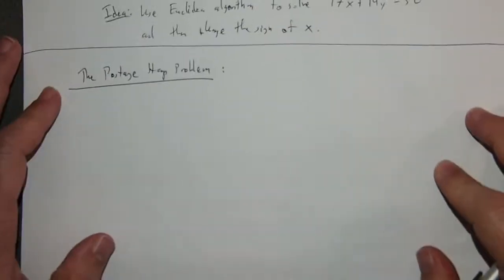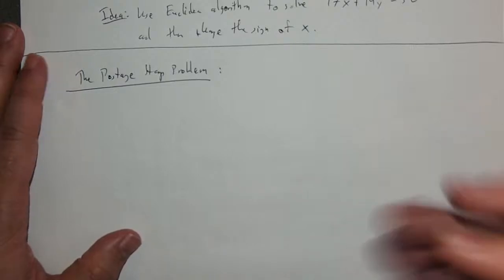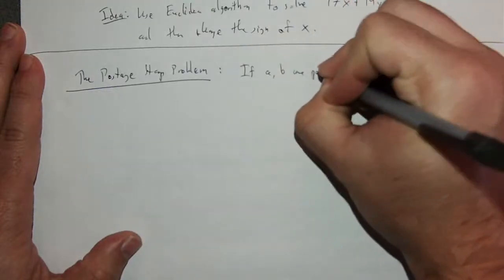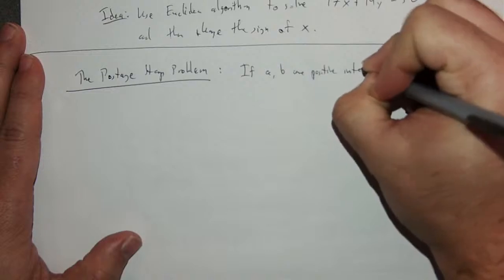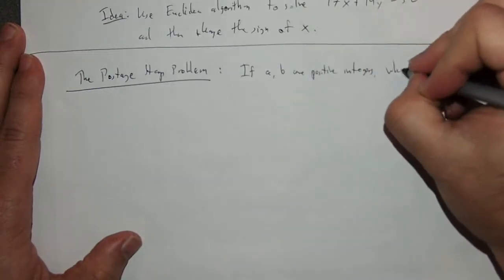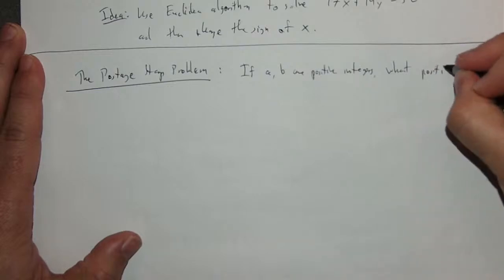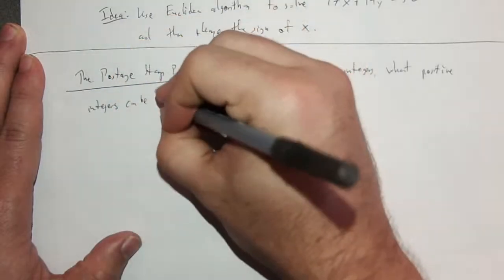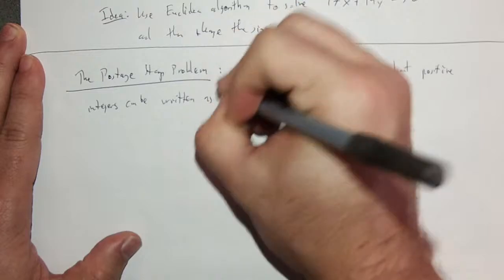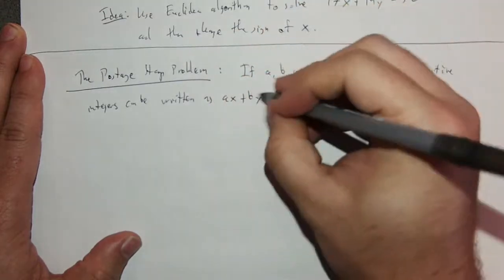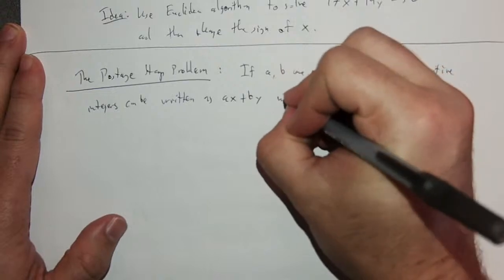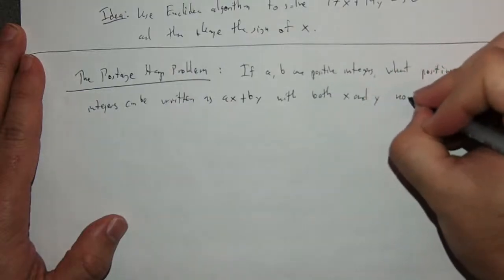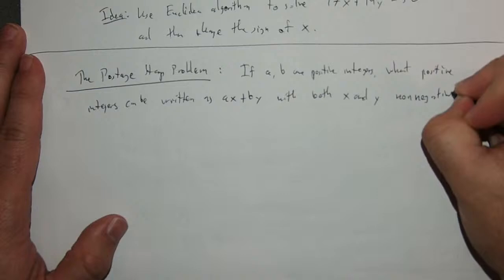So stating what this problem is in another way, if A and B are positive integers, what positive integers can be written as ax plus by with both x and y non-negative? So we're not restricting ourselves to x and y being positive.